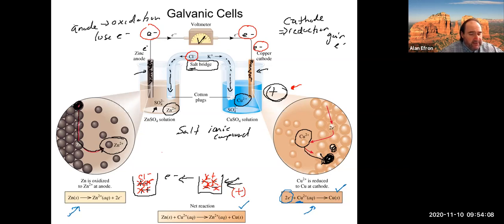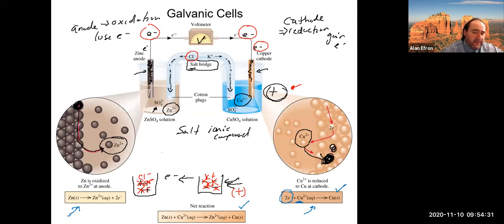So as you see in the super zoomed picture on the left, our solid zinc will lose those electrons. As the solid zinc loses those electrons, the zinc atoms jump into solution and become ions. And the electrons then can travel along the wire, go through the voltage meter, which will give you some voltage, and head to the other compartment.